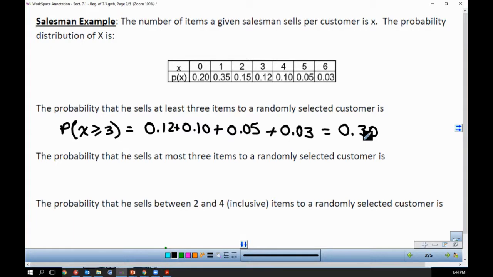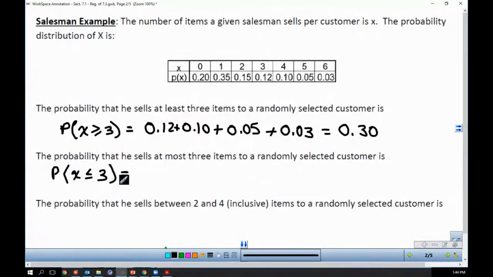Okay, next group. So how did y'all set this one up? So in the parentheses, we put X is less than 3.